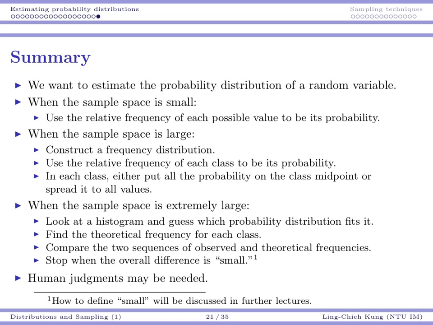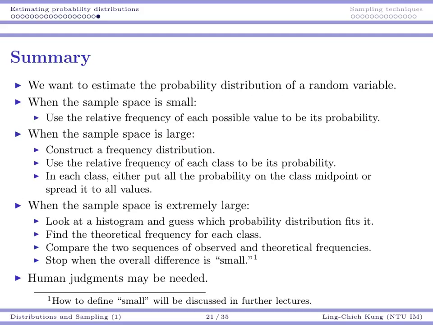So, a quick summary. We want to estimate the probability distribution of a random variable. That's what we want to do here. When the sample space is small, just count the relative frequency for each possible value and assign it as the probability.